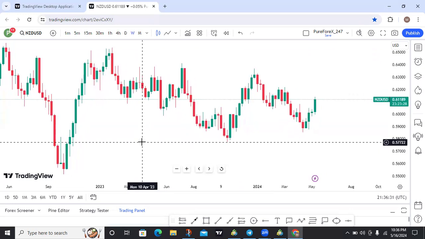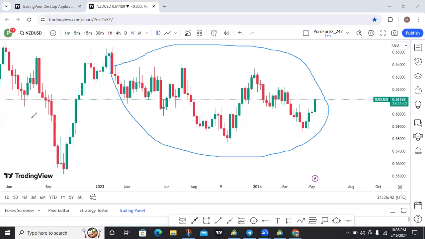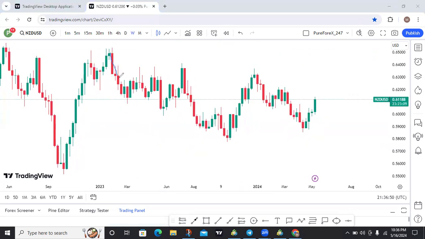If you look at market structure on this USD, you'll agree with me that from this point here, the market is actually in a downtrend market structure, right? This is a high, this is a low, this is a lower high, lower low, lower high.